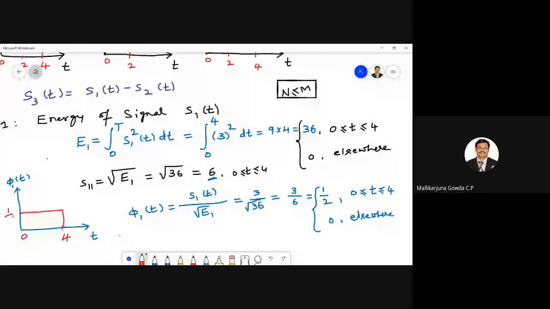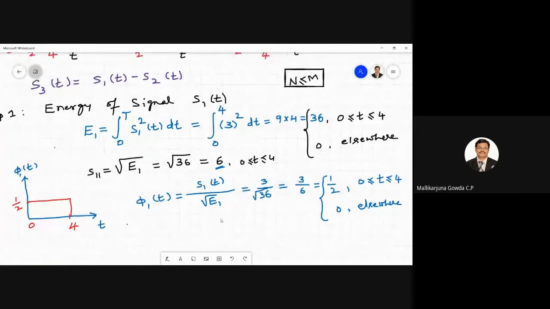Okay, this is how I represent phi 1 of t graphically. Is that clear? Shall I go to the next step? Yes, sir.